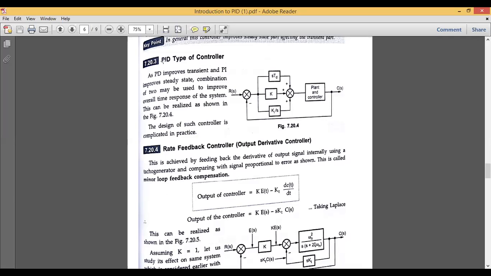But the third type of controller here is the PID controller, in which I include all three: proportional, integral and derivative. If we see only the PD, the proportional derivative, it improves the transient response. In module number 3 we are focusing on time response analysis, where we have seen what the transient response and the steady state response are.